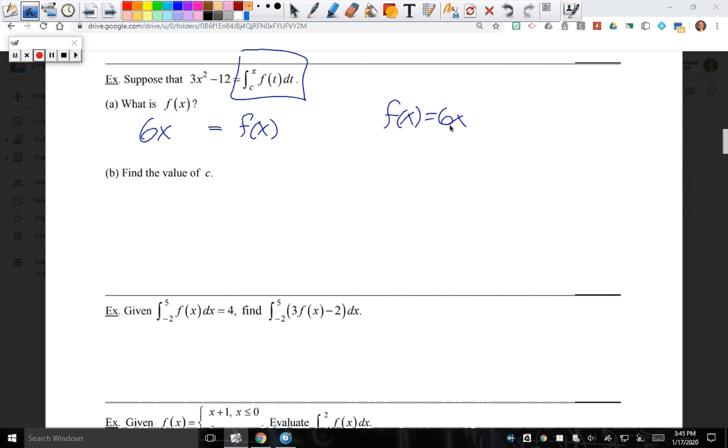How could I find the value of c? If this is the position function, couldn't I also say that f prime is what? 6. You with me?